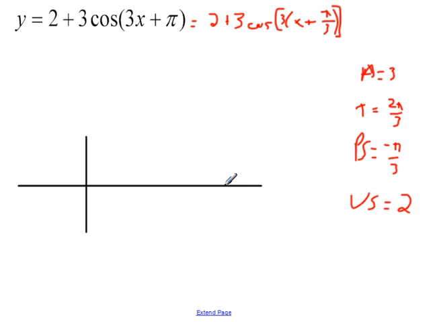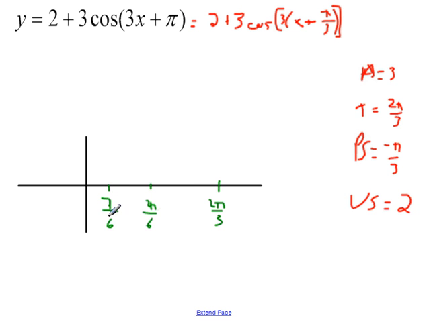Alright, so let's start graphing here. So period's 2 pi over 3. This is a negative phase shift, which means the graph's going to go in that direction, so leave myself some space. Let's move that a little bit here. So that's 2 pi over 3. That's 2 pi over 6.